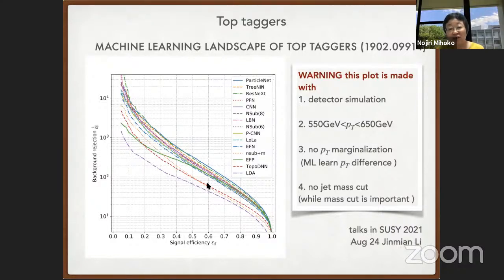Now, one warning is that you have to be really careful about checking the conditions under which these plots are made. So this is reasonably good.